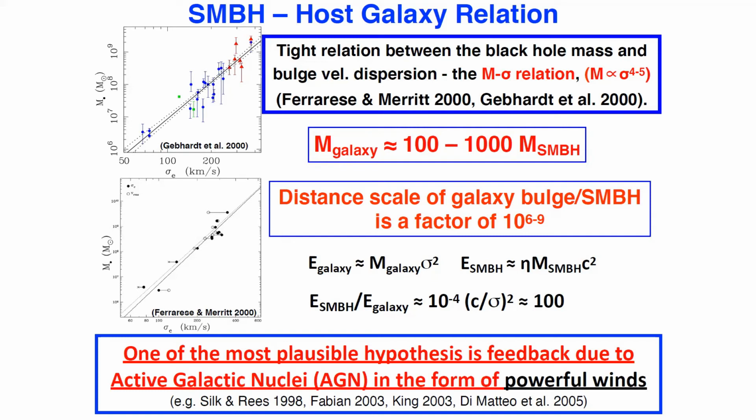So how do these two quantities know about each other? How does something the size of a coin know about the rest of the world? The plausible hypothesis is that there are what we call ultra-fast outflows, or X-ray winds, and that is exactly what I am doing.